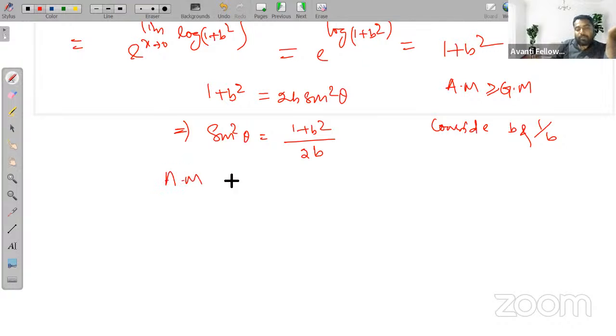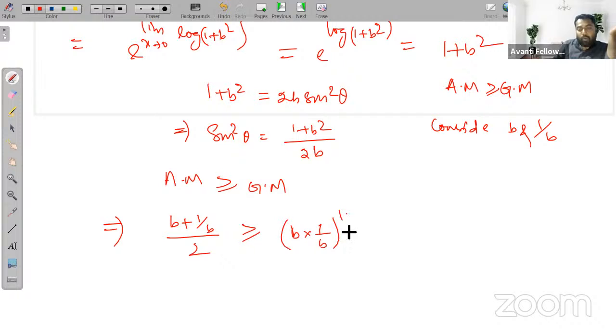Using the concept, AM is greater than or equal to GM, right? The arithmetic mean will be (b plus 1 upon b) divided by 2, and the geometric mean will be (b into 1 upon b) to the power 1 by 2. So this inequality gives you (b square plus 1) divided by 2b is greater than or equal to, b cancels, 1. So (b square plus 1) upon 2b is greater than or equal to 1, right?